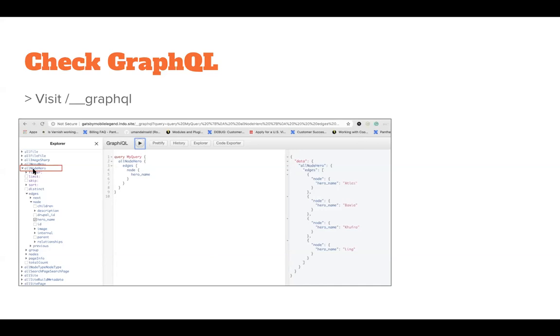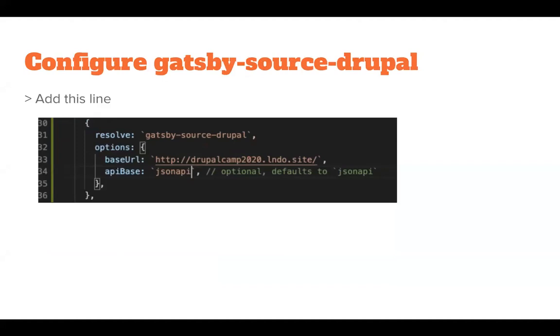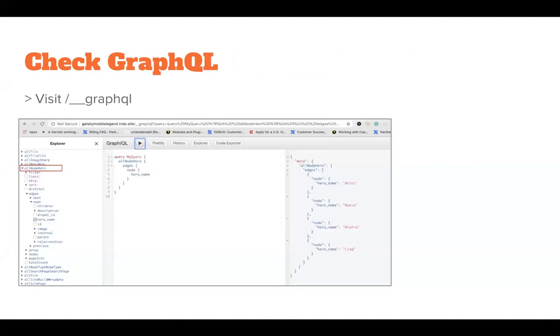We have here allNodeHero. If you don't set this endpoint using the plugin, this field will not show up. So just make sure that we set this line in the Gatsby config file. So here we could query the content. For example, here I query the names of the heroes.